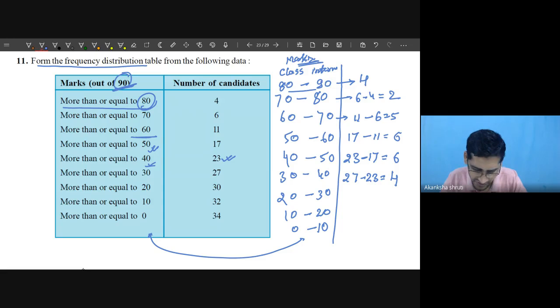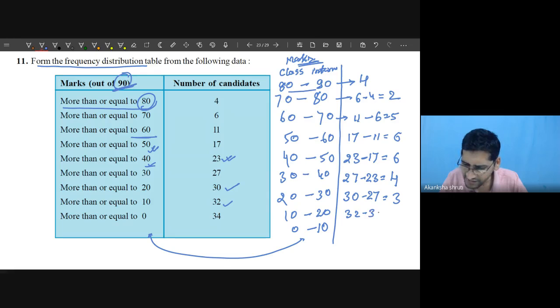Then coming to the next one, more than 20 means 20 to 30. And more than 30, which is 27, has to be subtracted from this 30. It becomes 3. For 10, observe it. 32 minus 30.